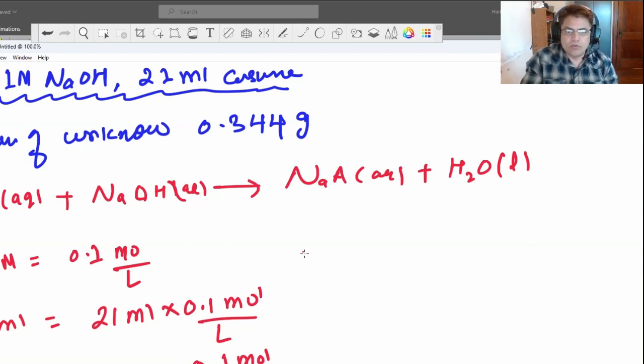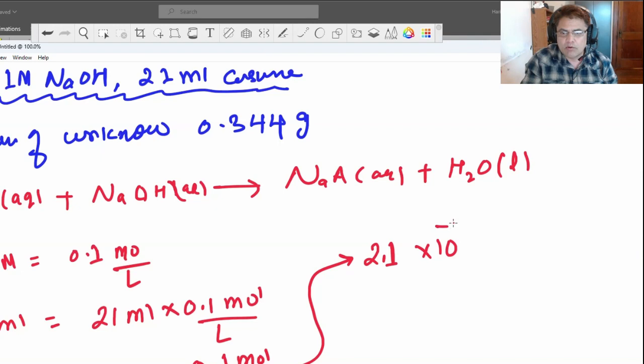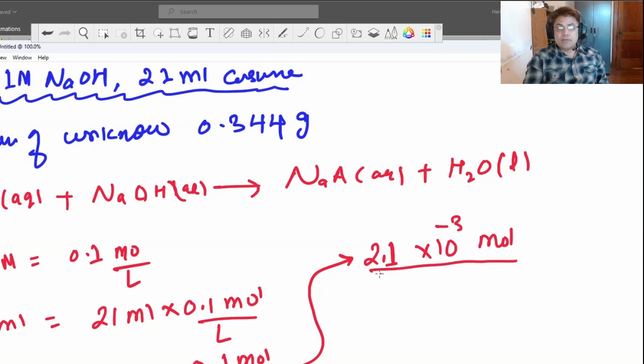Done. So how many moles is this? I calculate 2.1 times 10 to the power minus 3 mole. Look at that, NaOH is that many moles. But if NaOH is that many moles at the end of the neutralization, then the monoprotic acid is also the same number of moles, right?